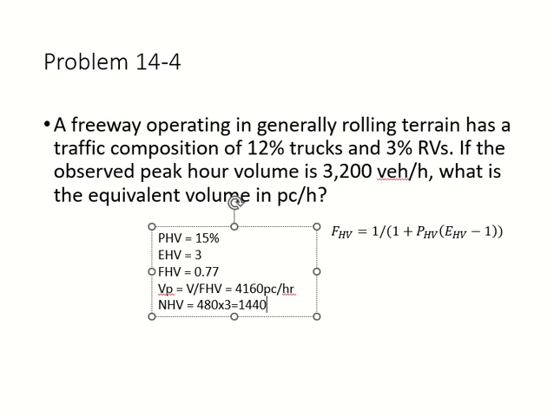How much is the remaining volume? 15% was the heavy vehicles, so the remaining is already passenger cars. How much is that? 2,720. Plus 1,440. Yes, we will do it.